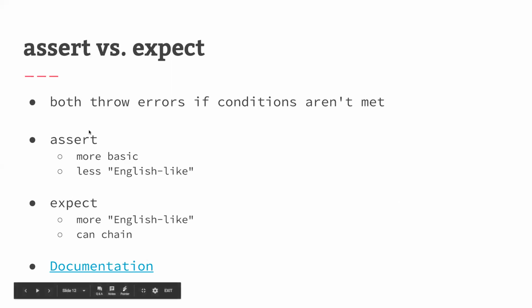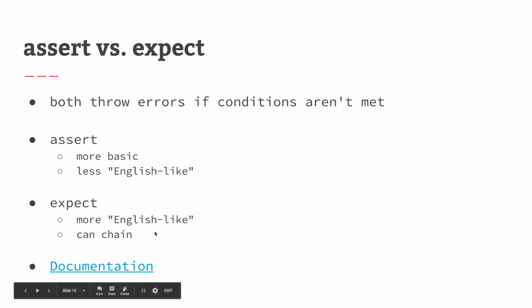Yeah, and so assert is more basic and less English-like. Some people like assert because it's very clean. You have a very limited repertoire of things that you can use, which sometimes just makes it easier to determine the right thing to use. Here at Learners Guild, I think almost everybody uses expect, but you can be the exception if you prefer assert.